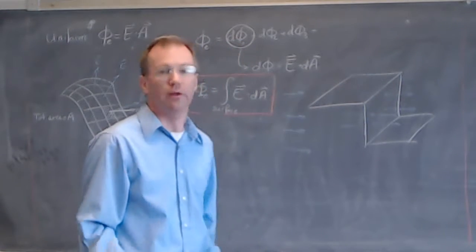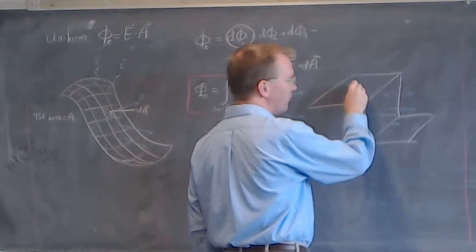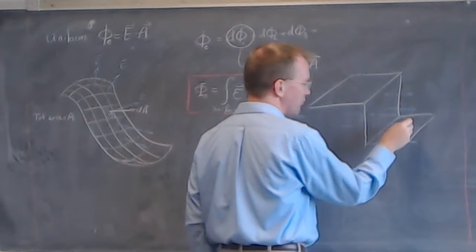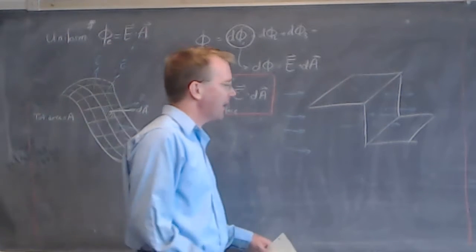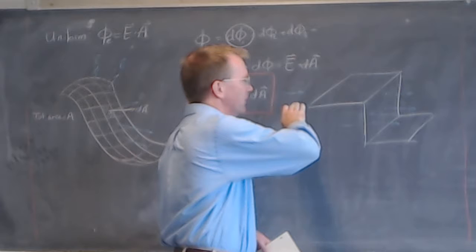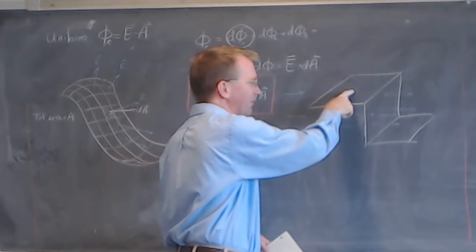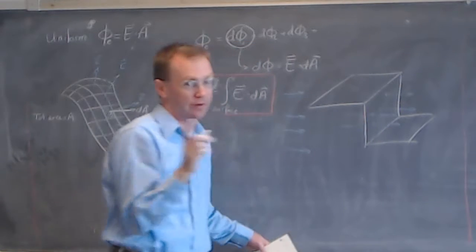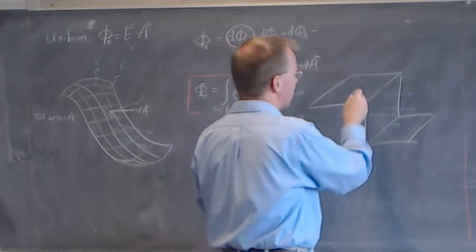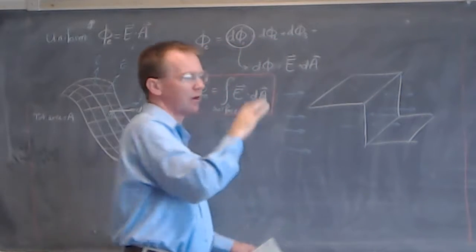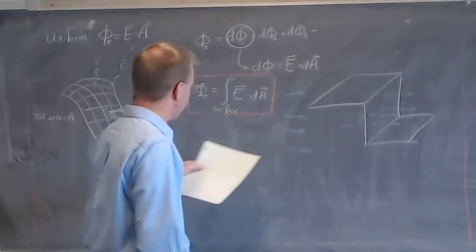Now when I do this integral, it would be easiest in this case to break it into the integral over this surface plus the integral over that one plus the integral over that one. Each one of those then has a simple function for describing the surface, and they're very different from each other. And I would also, in this case, wind up getting a uniform E field of a constant angle away from the surface.